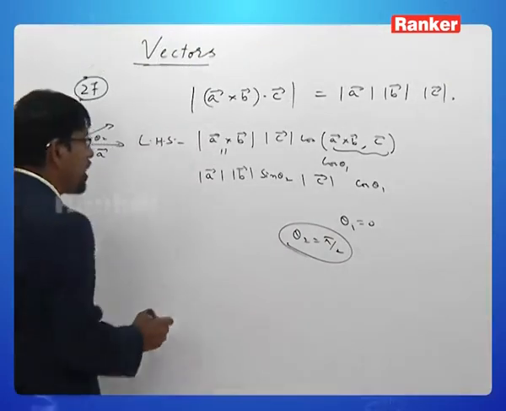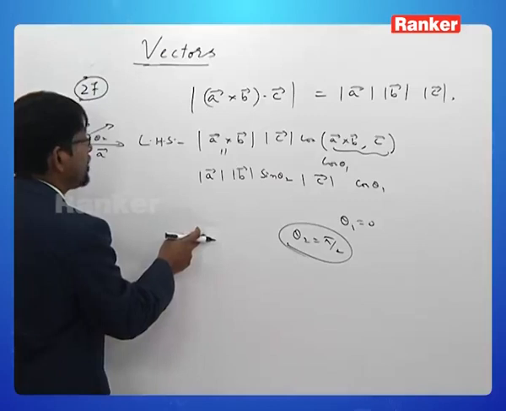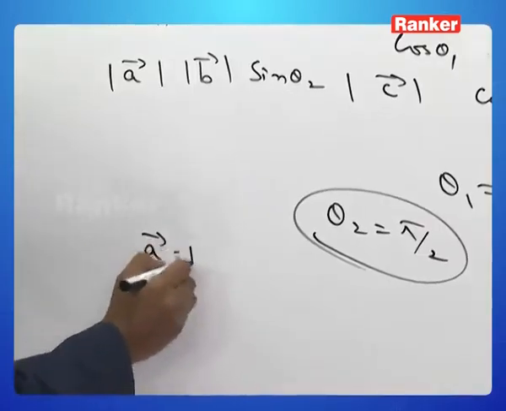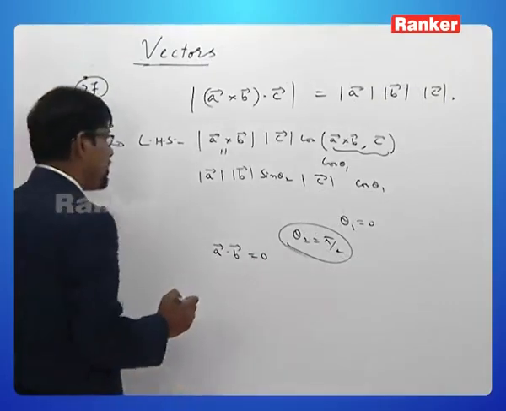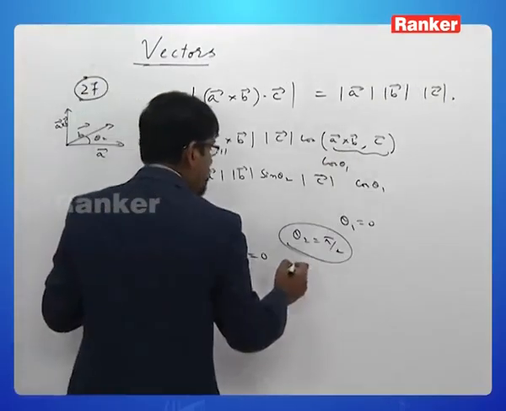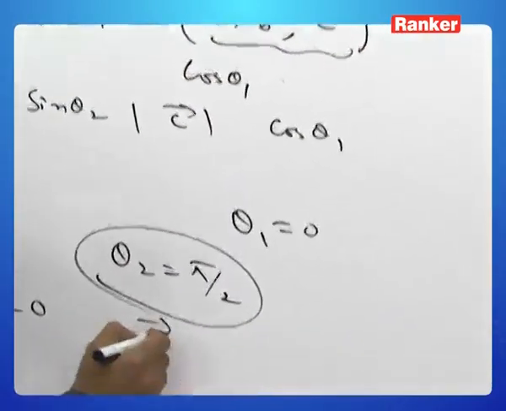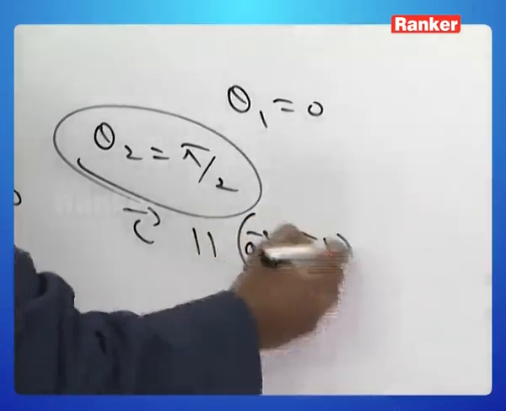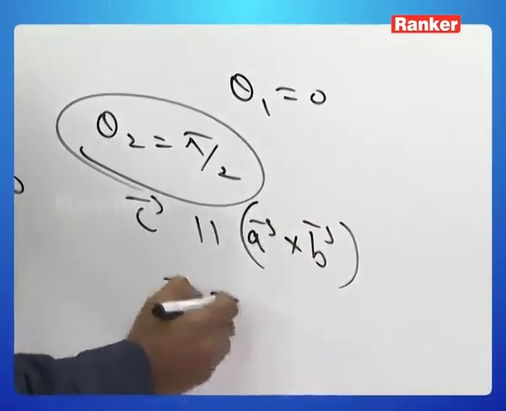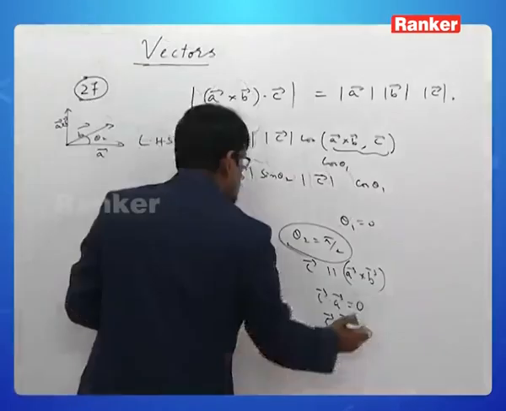So this means that a and b are perpendicular, so a bar dot b bar is 0, and the angle between a cross b and c is 0. So c is parallel to a cross b, which in turn implies c bar dot a bar is 0 and c bar dot b bar is also 0.